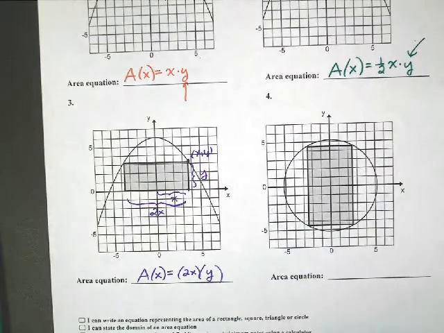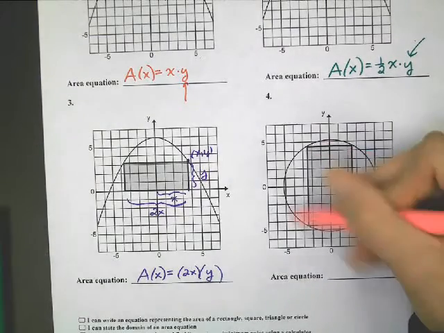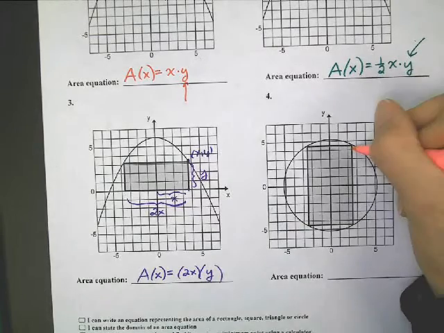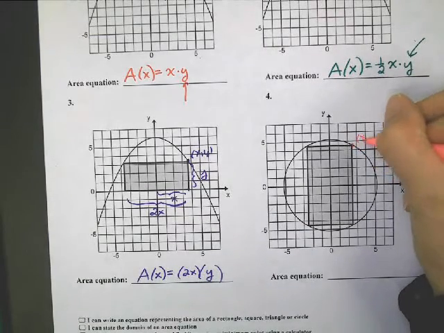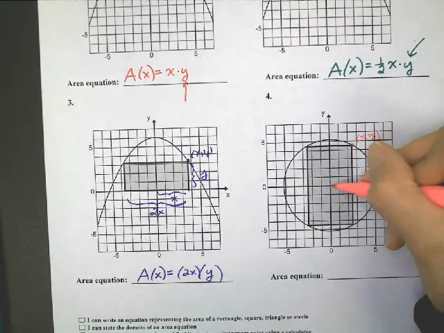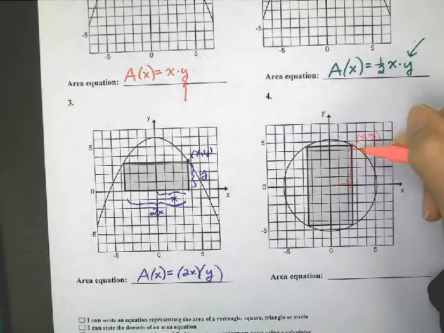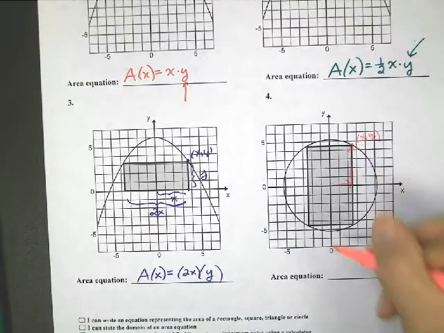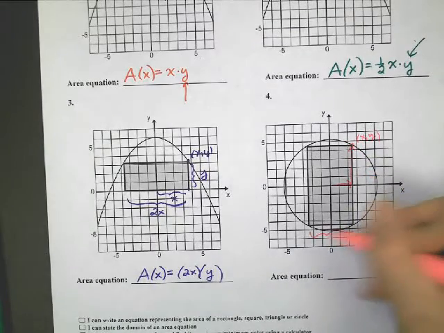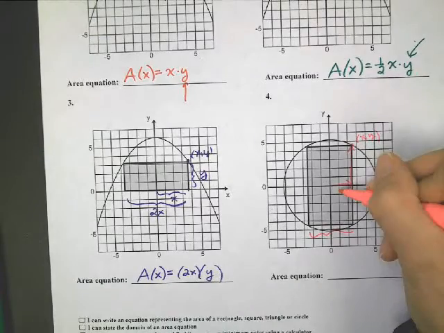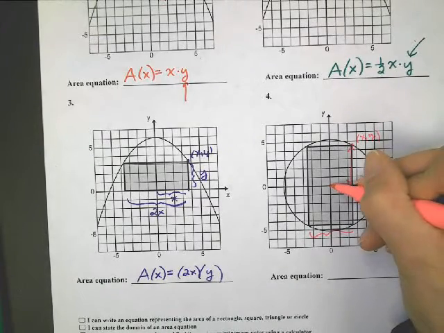Okay, and here's a very interesting one. There's a rectangle drawn inside of a circle. And so here's the point x comma y. X to the right and y units up. So when you're looking at this, what's the base of the rectangle? I know x goes from the origin to the right.